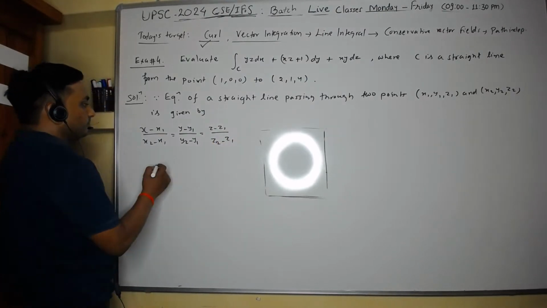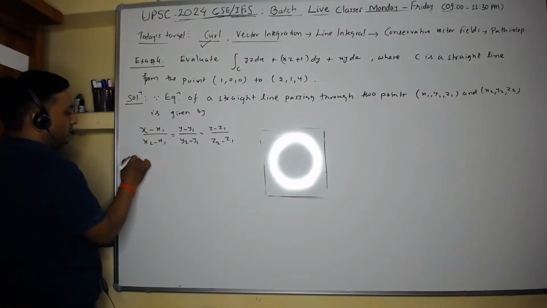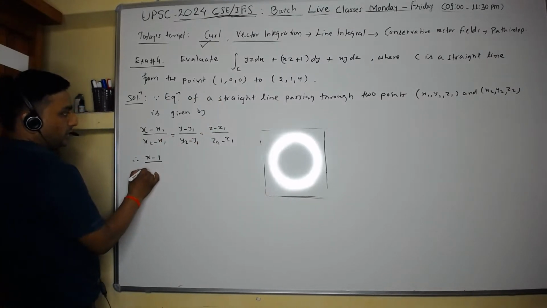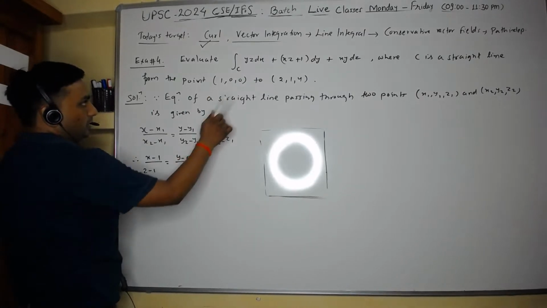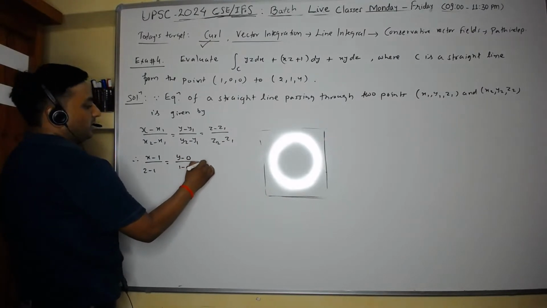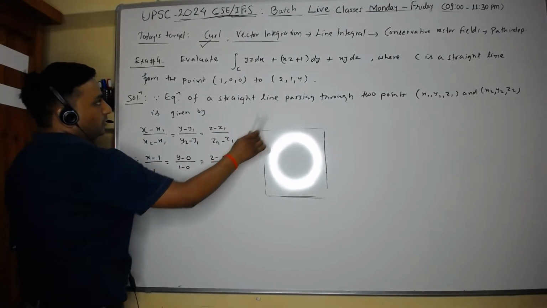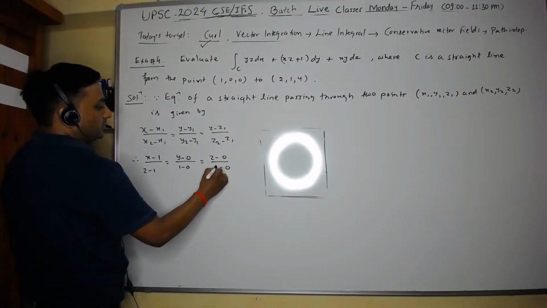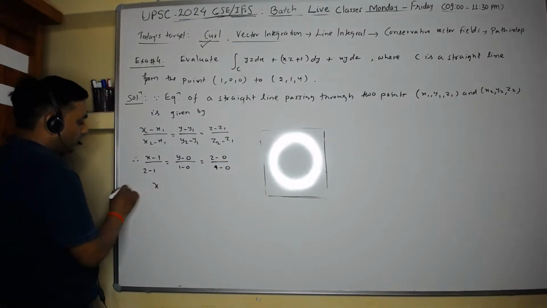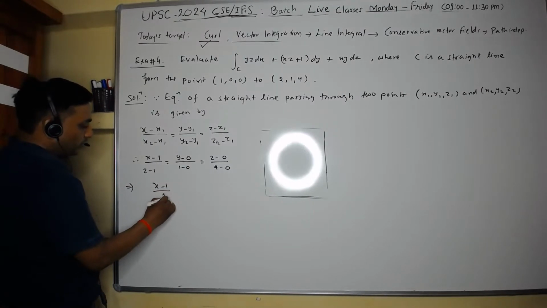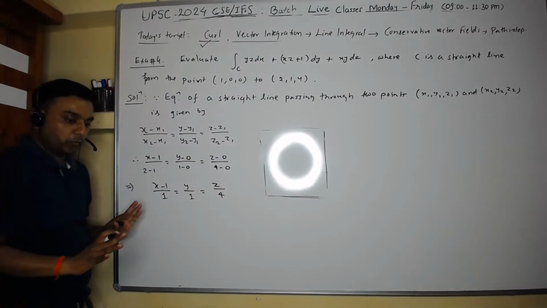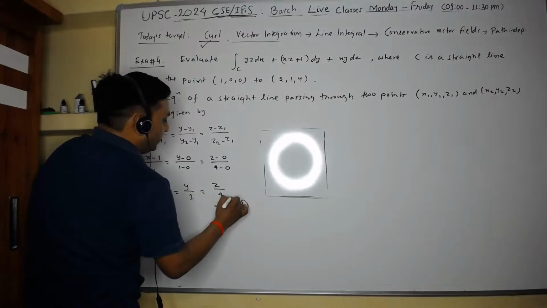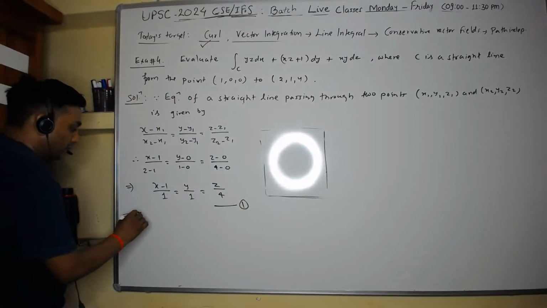Fair? So what is the given point? So x minus x1 value let's say 1, and 2 minus 1. y minus y1 value is 0, and y is 1 minus 0. z minus 0, 4 minus 0. Right? So ultimately what you have, my dear fellows, x minus 1 upon 1 equals y upon 1 equals z upon 4. ठीक है? चलिए, let's give this as equation 1.